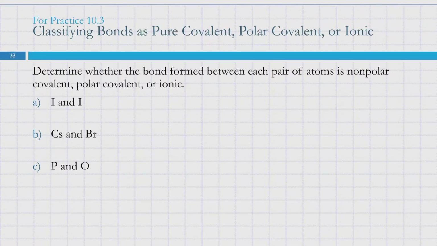All right, we can determine, even without electronegativity values, whether the bond formed between each pair of these atoms is polar covalent or ionic. What are the characteristics of a nonpolar covalent bond? Are the electrons completely shared, partly shared, or transferred? Completely shared.